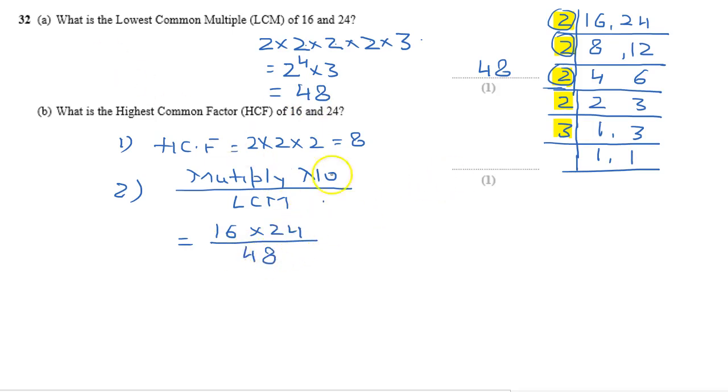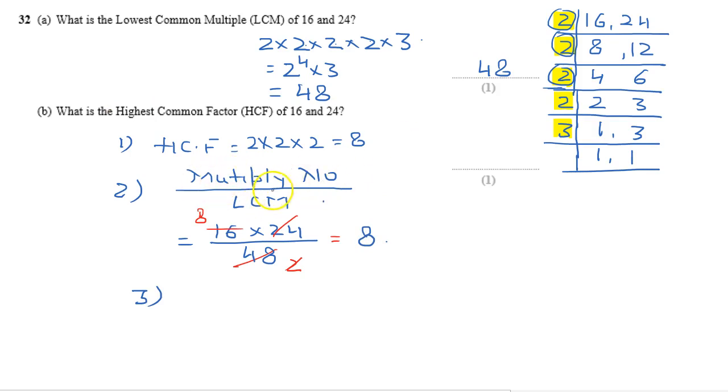We know that double of 24 is 48. So it's 2, and 2 can be cancelled by 6. 8 times 2 is 16. So this is 8.